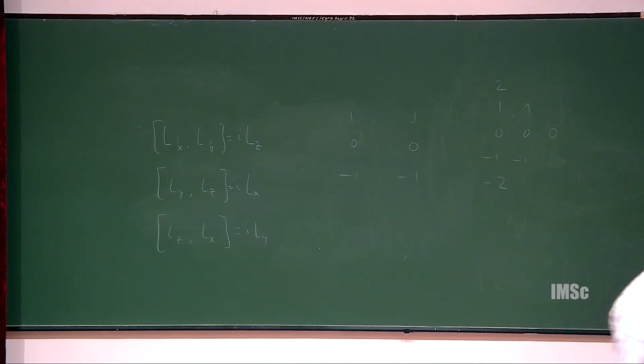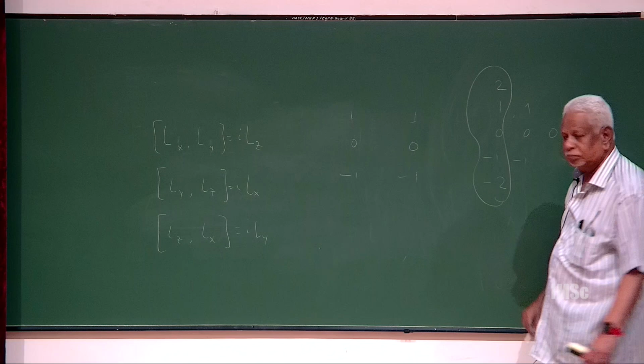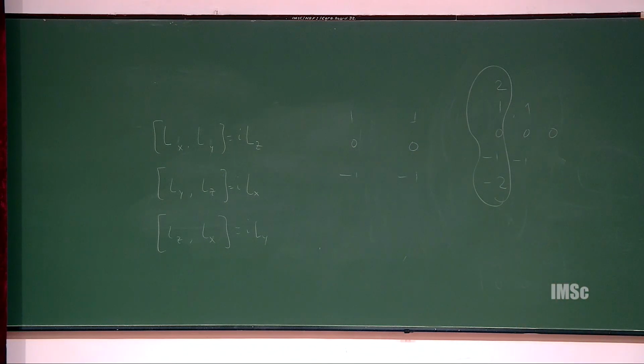If I have a composite of two spin 1 objects, what will you get? You will get all these states. Now, what are these states? It starts from 2, 1, 0, -1, -2.